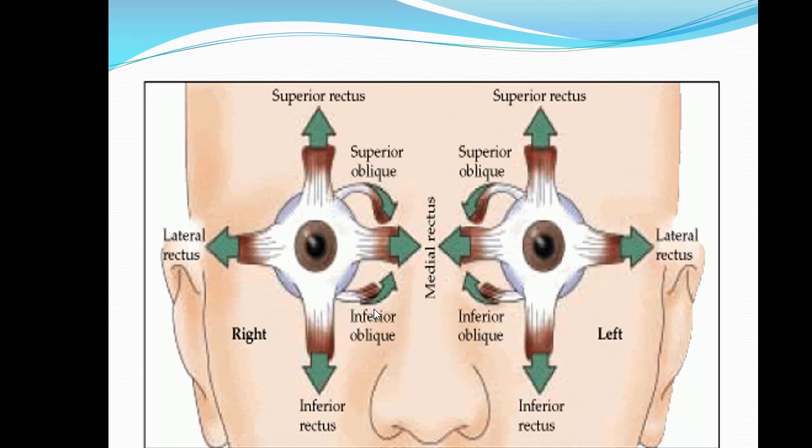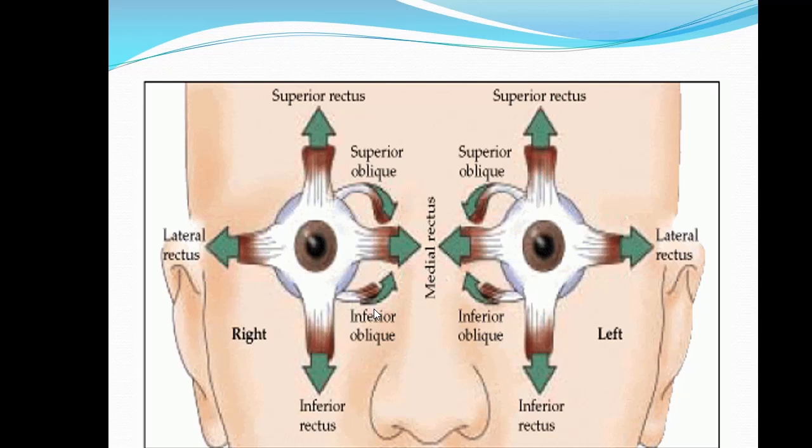The superior and the inferior oblique muscles are also involved in causing the rotatory movement of the eyeballs around the anteroposterior axis. The movements that we just discussed are the movements of the eyeballs produced along the horizontal axis, and the rotatory movements of the eyeball along the anteroposterior axis are produced by the superior and the inferior oblique muscle.